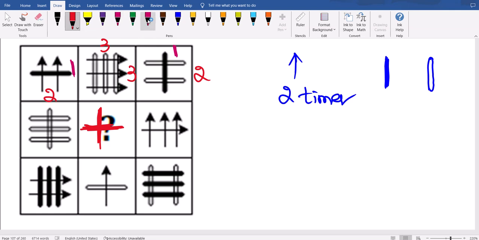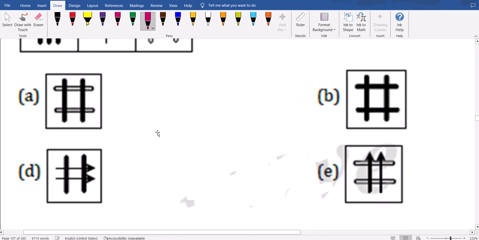Now shaded 2 vertically, 2 horizontally. If you go deeper into the note, 2 came 2 times, so 2 elements. Vertically 1 time, horizontally 1 time. 3 also 2 times, vertically 1 time, horizontally 1 time. So every row you check, vertically 1 time. So I need this in the options.